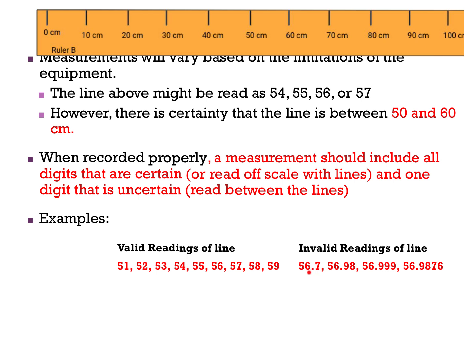I'm guessing on the 6 and the 0.7. Another inaccurate reading would be like 56.98. Again, I know the 5, but I'm guessing on the 6.98. Okay. Another example, 56.999. You can't measure that far out because you only know the 5, so you're guessing the 6.999. Okay. So whenever we measure, you can only guess one digit.